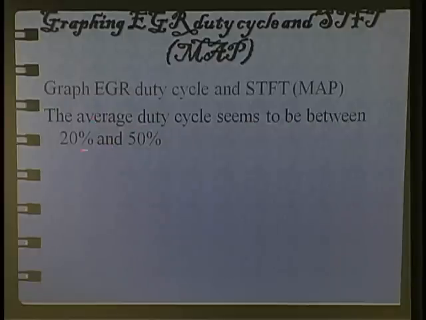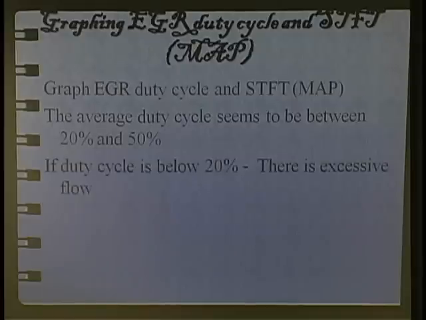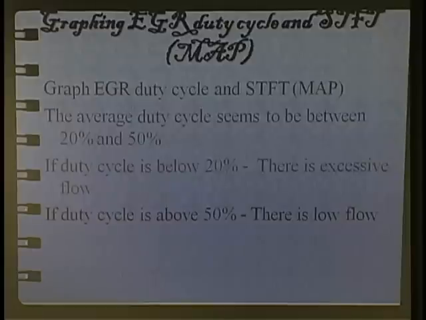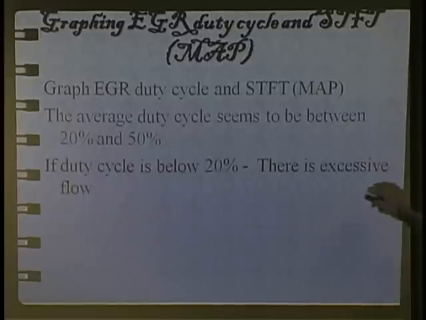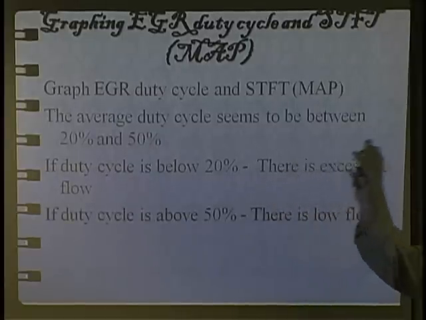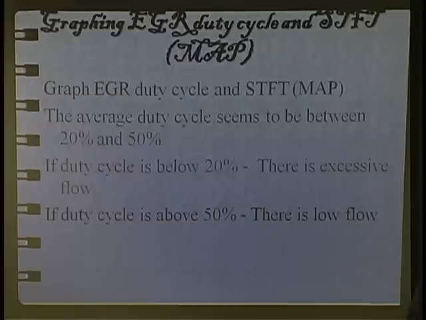The average duty cycle seems to be between 20 and 50. It's very rarely over 50 unless something's bad, and very rarely under. So that seems to be the working duty cycle of the EGR on a Chevy and a Chrysler. If it's below 20, there's excessive flow. If it's above 50, there's not enough. Meaning that below 20, it's trying to close it because it's got excessive flow. Above 50, it's trying to open it further because it doesn't have enough flow. Very, very accurate test in GM and Chryslers only.